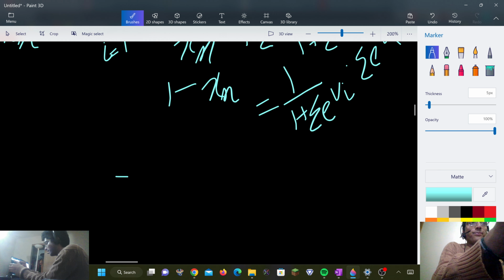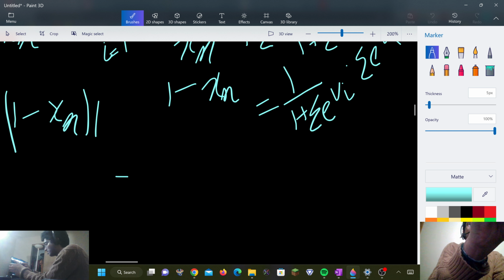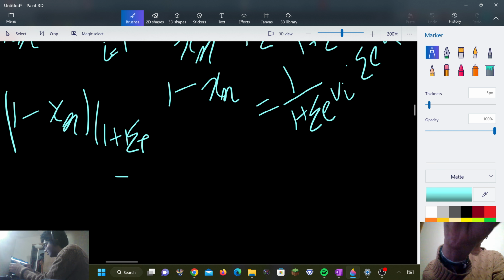So I'm going to say 1 minus x_n times 1 plus the summation of e to the v_i equals the summation of e to the v_i. Now I know why I'm writing slanted, I'm not using actual lines.